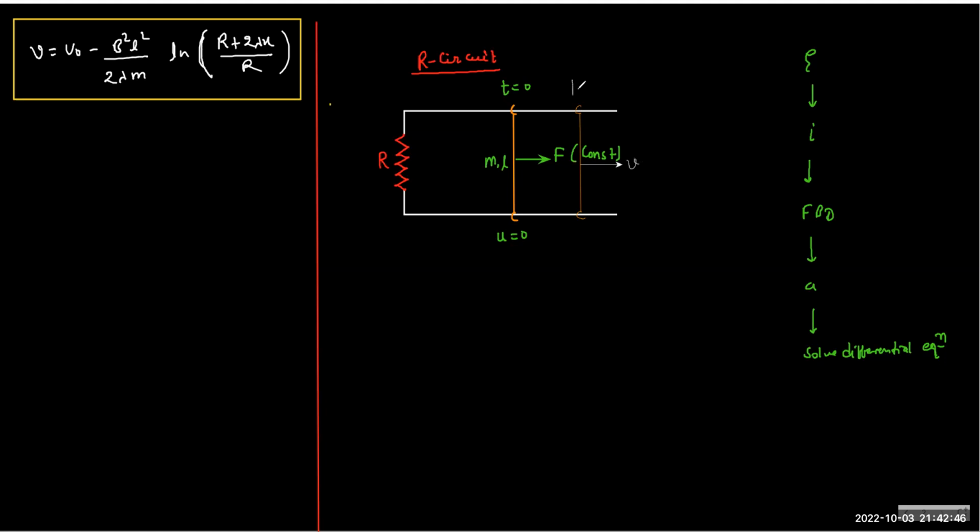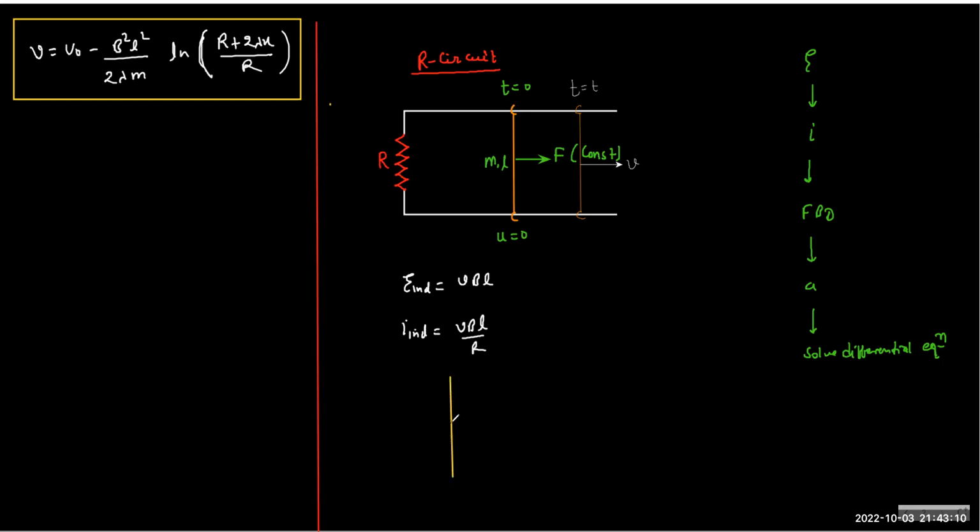You will assume at some instant t the velocity is v, and therefore the E induced will be how much? And then the I induced will be how much? So far, so good.